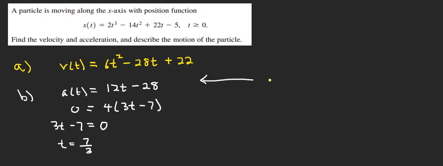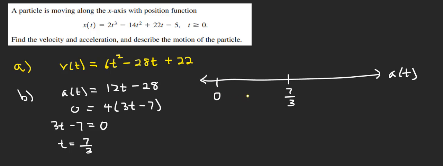So let's get the acceleration chart. And you know it is 0 at 7 over 3, and it starts from 0. Let's plug in 1. What happens when you plug in 1? You get negative. And after 7 over 3, you get positive.